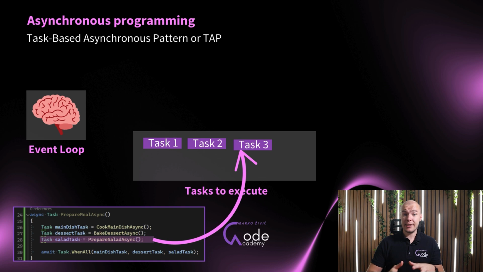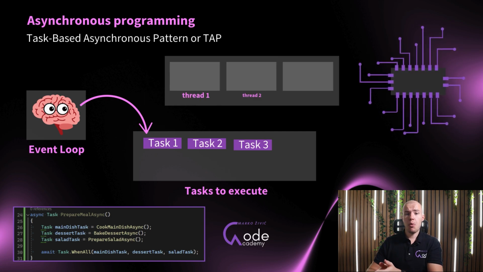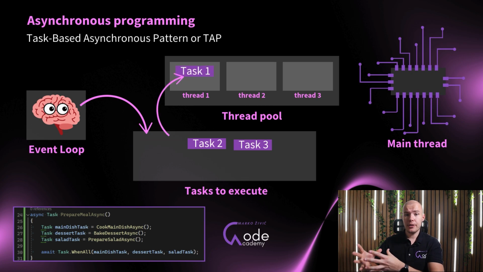And then these tasks that we have created are handed over to the event loop, and then the event loop decides at which moment each task will be assigned resources that will allow it to get executed. And when I say resources, I basically mean a thread on which this task can be completed and all the business logic inside of it can be executed, whether it's reading a file or sending a request or whatever.